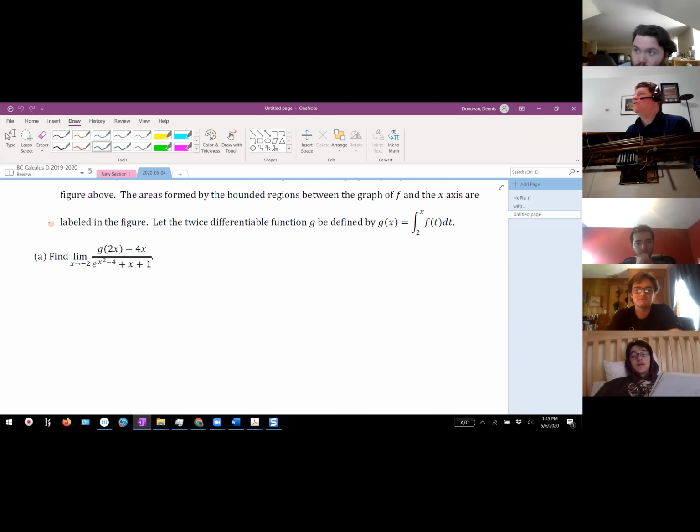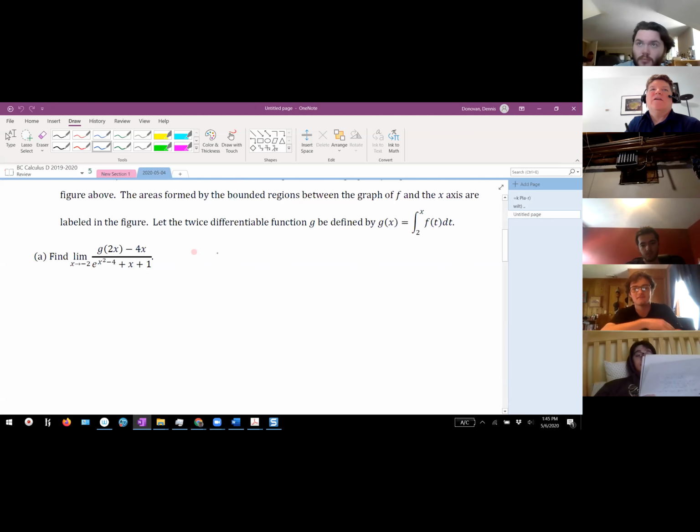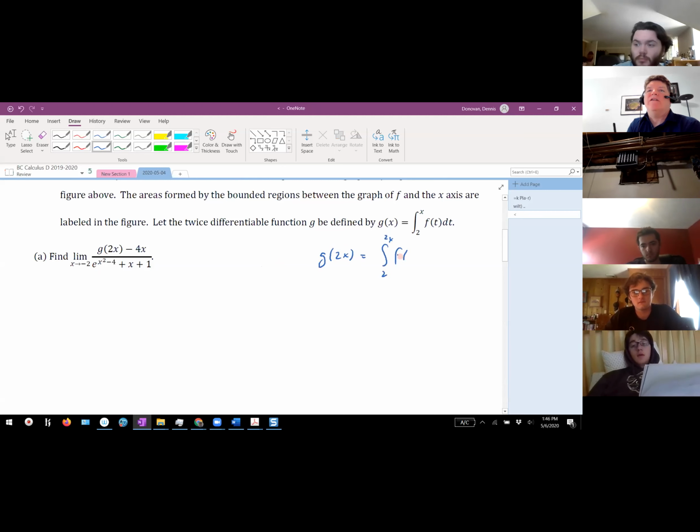What did you do to get the limit as x approaches -2 of g of 2x? Find g of -4. Okay, how do I find g of -4? Plug it into that integral that they give you. So g of 2x is the integral from 2 to 2x of f of t dt, right?